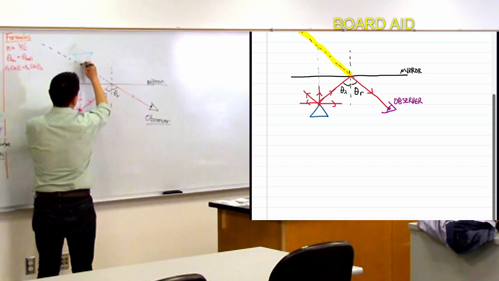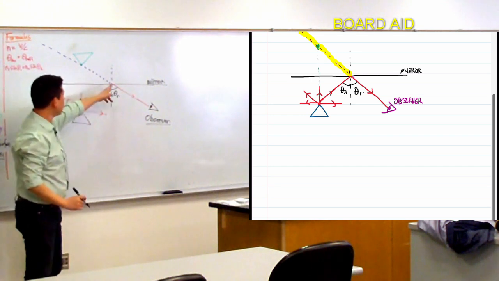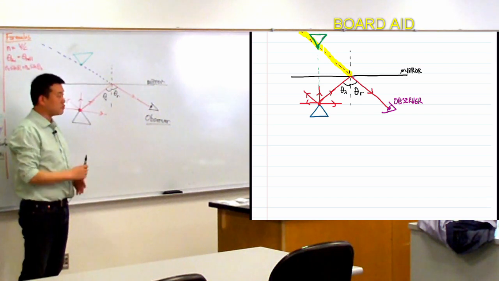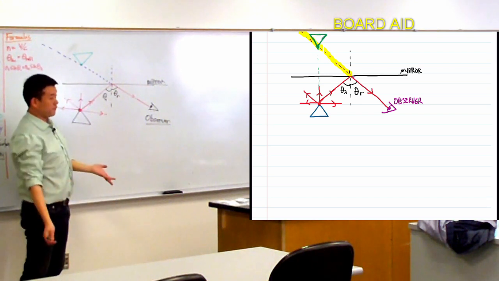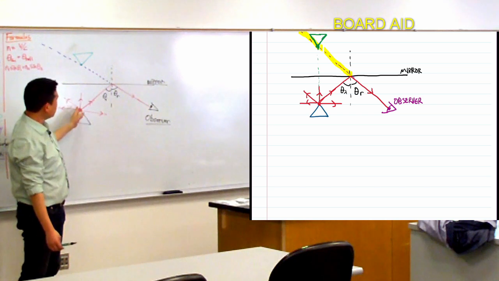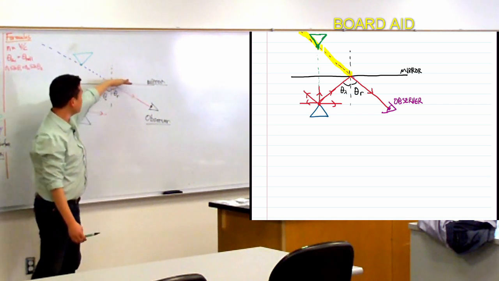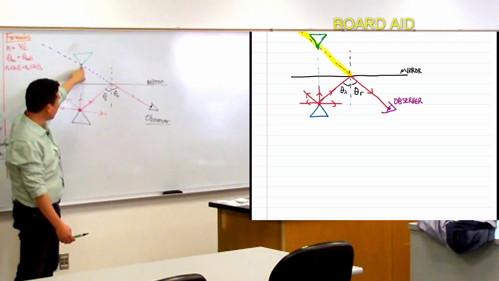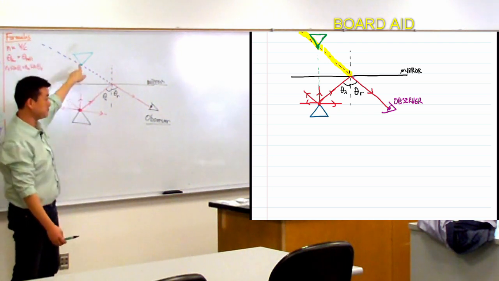This is where the image is. It's not just anywhere along this line. So how would you get that? How would you prove that the rays of light reflecting off of the mirror really do appear to be coming from this single point, not anywhere along this line?